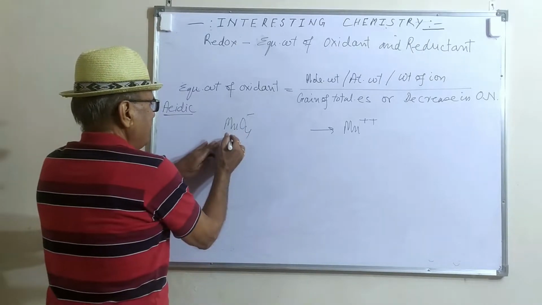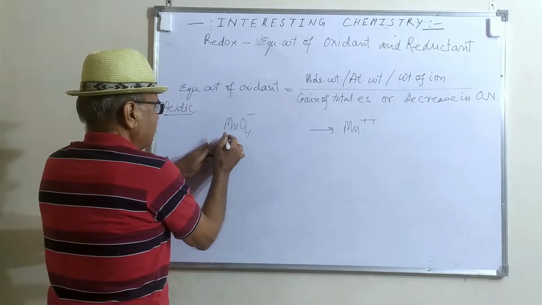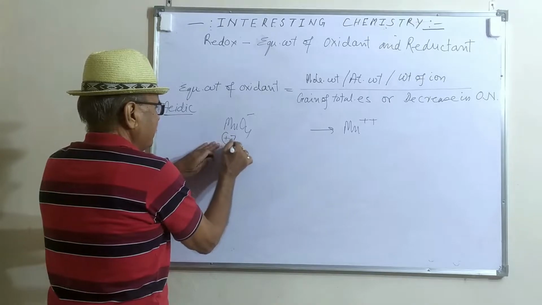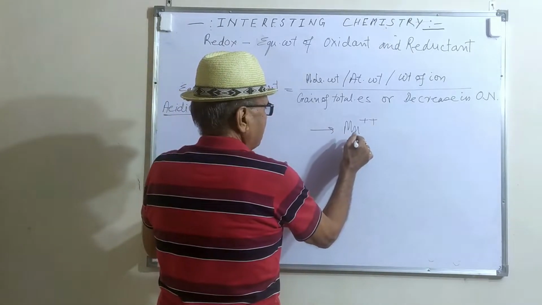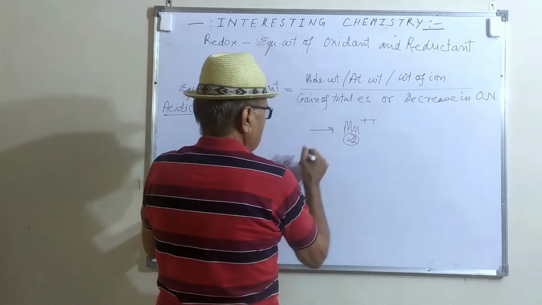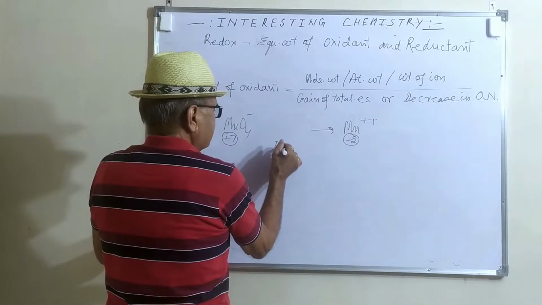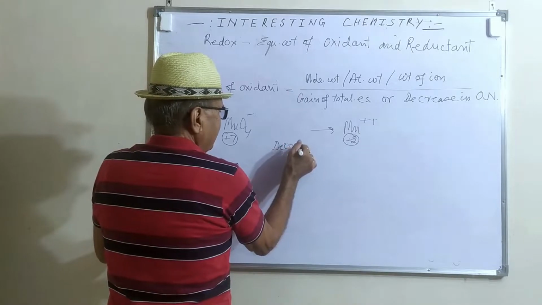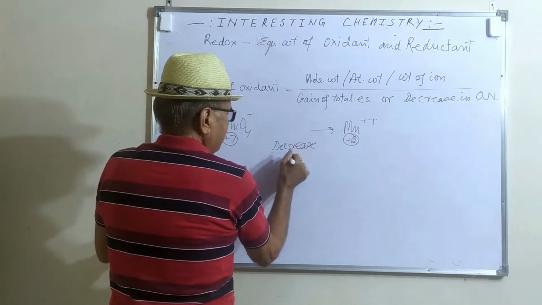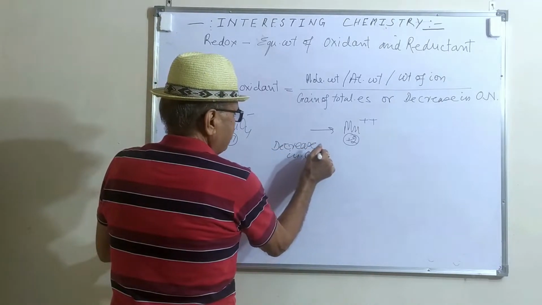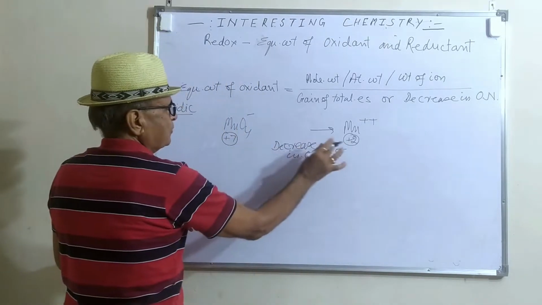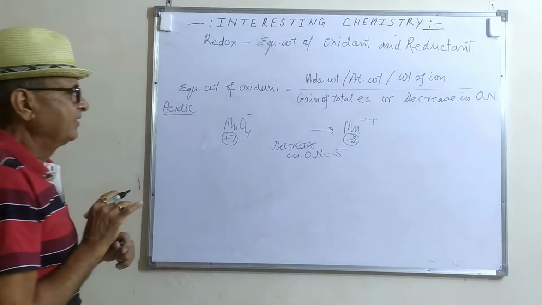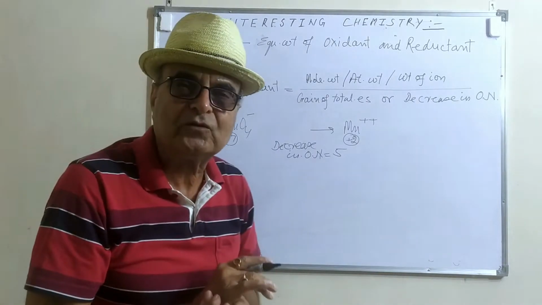So here the oxidation number of Mn is +7 and here the oxidation number of Mn is +2. So the decrease in oxidation number is equal to 5, that is 7 minus 2.